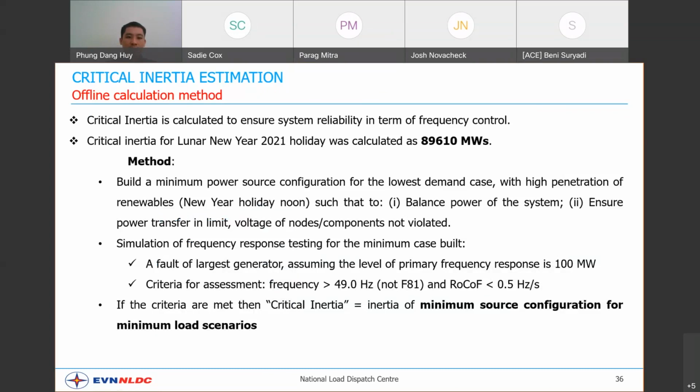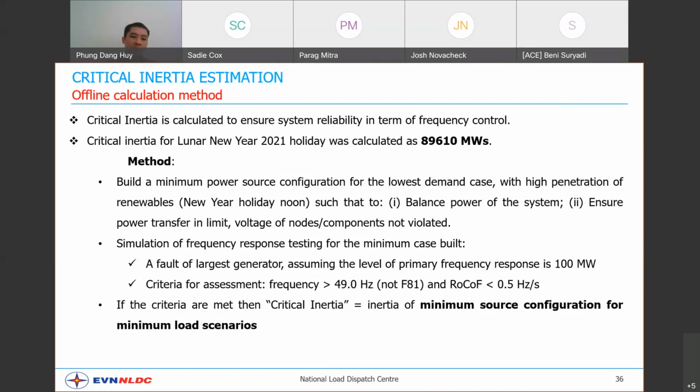So we choose a very critical time of the system, which is the holiday, when the load is going down and there is high penetration of renewables. And we build the minimum configuration of generators to meet that demand.